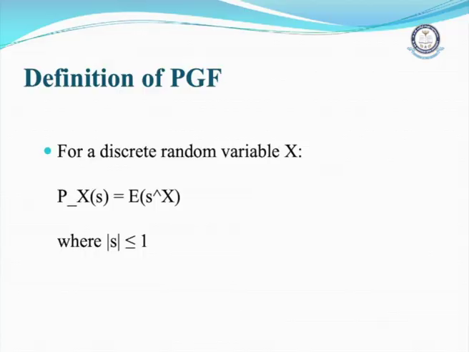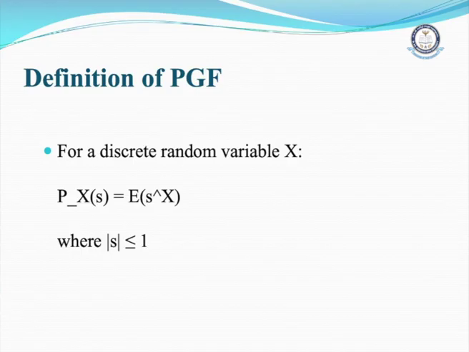How can we represent the probability distribution function in the discrete case? Generally, the expected value of x equals the summation of x into p of x.